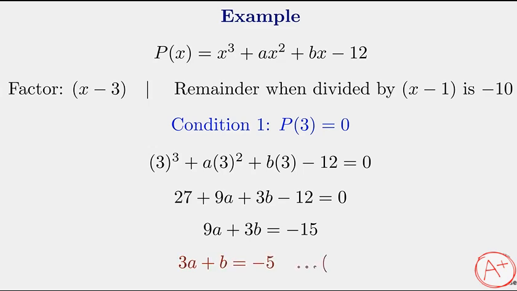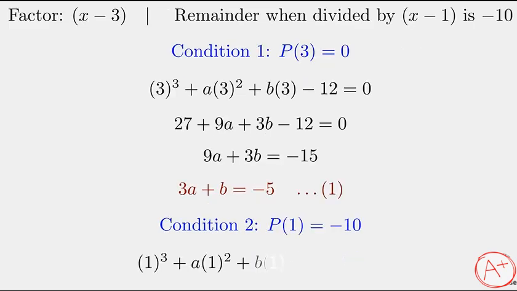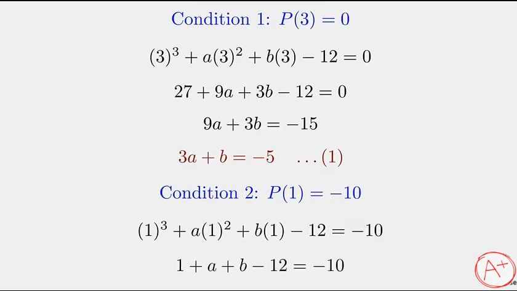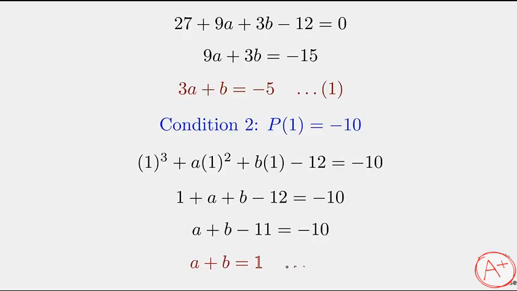We will call this equation 1. Using the remainder theorem for the second condition, p of 1 equals negative 10. This simplifies to 1 plus a plus b minus 12 equals negative 10, then a plus b minus 11 equals negative 10, leaving us with a plus b equals 1 as equation 2.